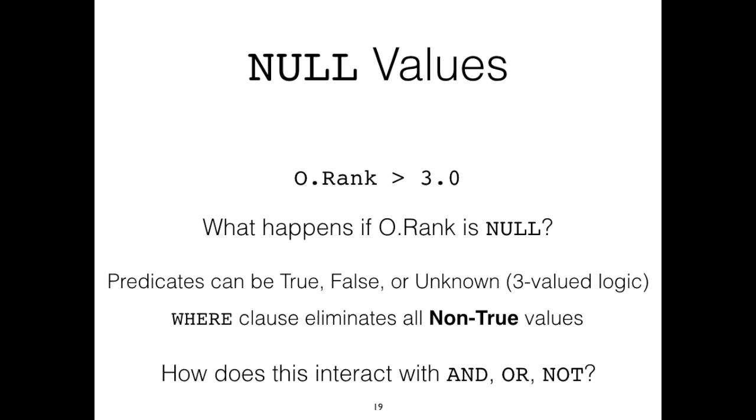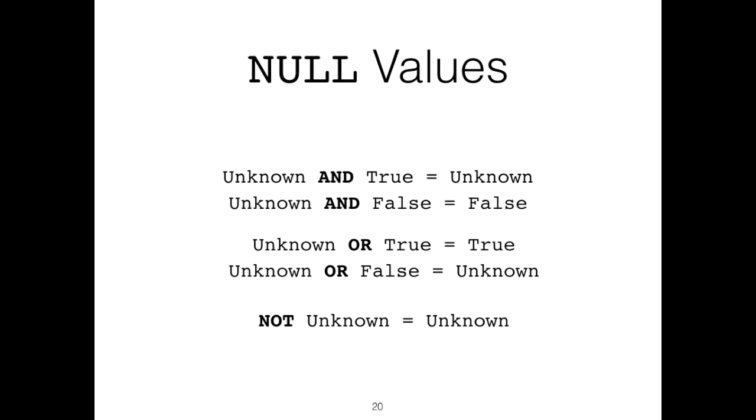Same holds here. Unknown and false is false. What about unknown and true? Yeah. So if I don't know what it is, true and anything is whatever that anything is. So true and unknown is unknown.